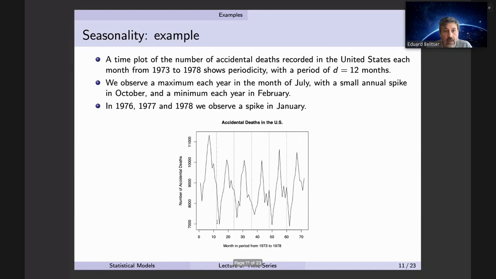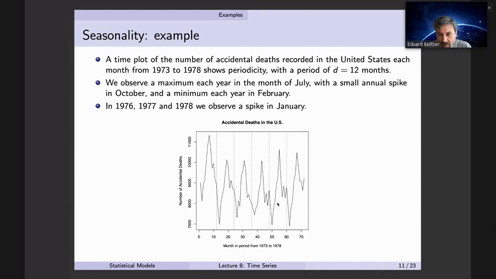All right. Another thing, I find this a weird data set, if you just think about it. This is accidental death, recorded in the United States from 1973 to 1978, and it has a period of 12 months. You just see its behavior. There's always a maximum in July. Accidental death, can you imagine that? It's something very random, but it has periodicity.